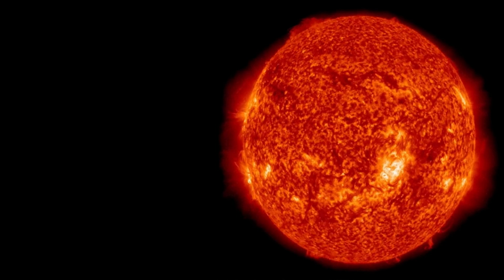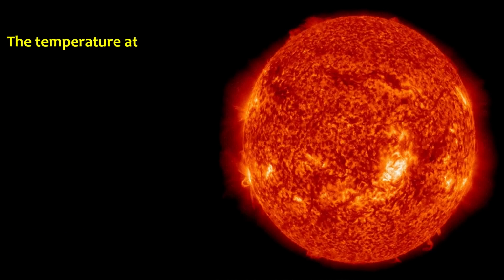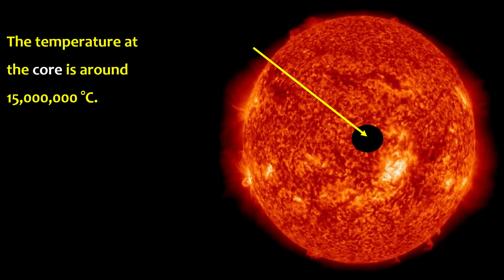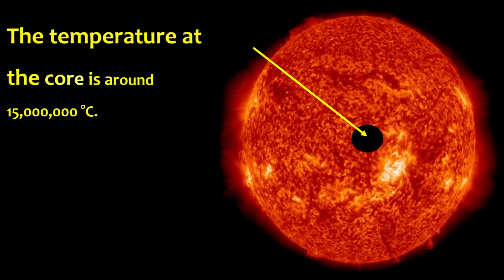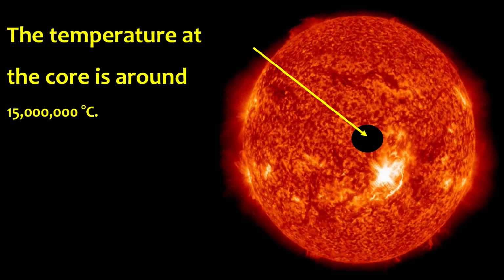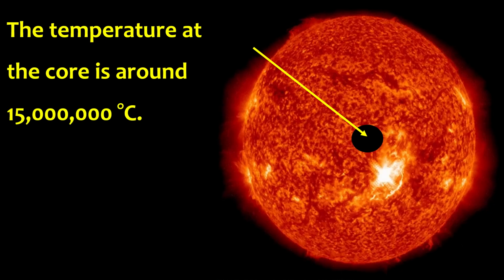And take a look at this one. So the temperature at the core is around 15,000 degrees Celsius. Oh, I'm sorry. It is 15 million degrees Celsius. Imagine how hot is that?